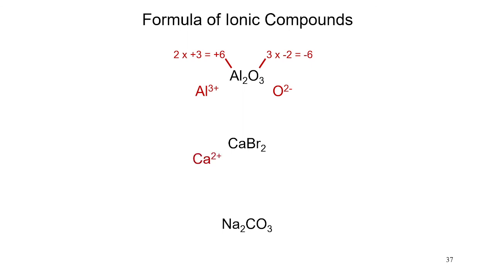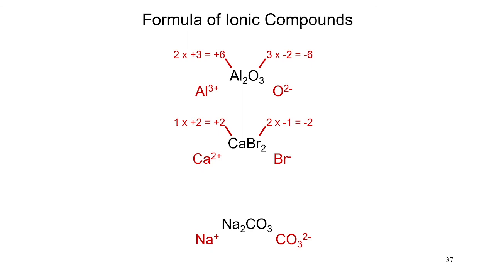So, we have here calcium 2 plus, and we have here bromine minus. Yan lang ulit, similar process. Isang calcium, multiply natin sa positive 2, so positive 2. And dalawang bromine, multiply sa negative 1, which is negative 2. Same for the sodium carbonate. We have sodium, which is positive 1, and we have carbonate, which is negative 2.